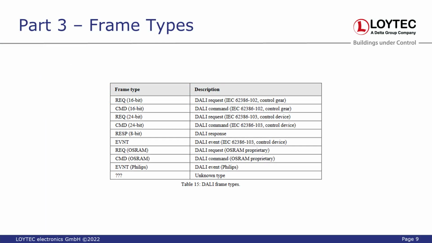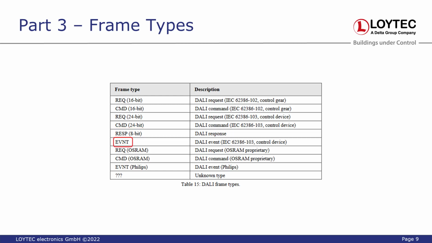Before we continue with the DALI Protocol Analyzer, let's make a quick detour on what kind of frames in DALI exist. The most common frame lengths in DALI are 8-bit, 16-bit, and 24-bit. 16-bit frames can either be requests or commands used for control gears, also known as ballasts. 24-bit frames can also be requests or commands and are used to communicate with control devices, for example, sensors. 8-bit frames are answers to requests, for example, the request query actual level to a ballast.